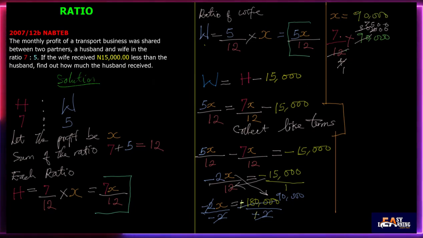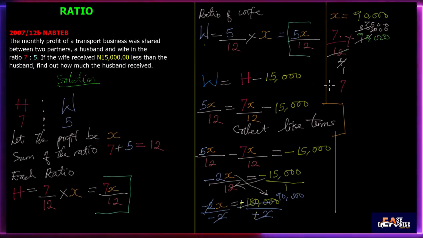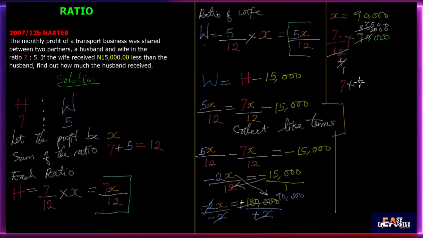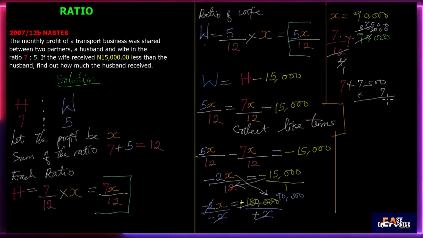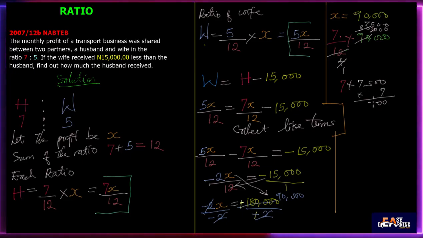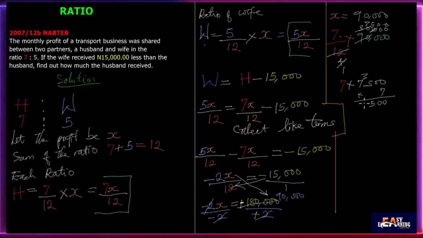So we'll now be left to multiply 7 times 7,500. That's what we are left to multiply. If we multiply 7 by 7,500, we have here 0, here 0, here 7 times 5 is 35, 5 carry 3, and then 7 times 7 is 49 plus 3 is 52.